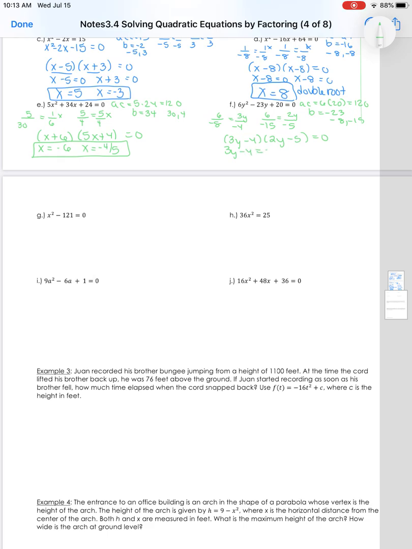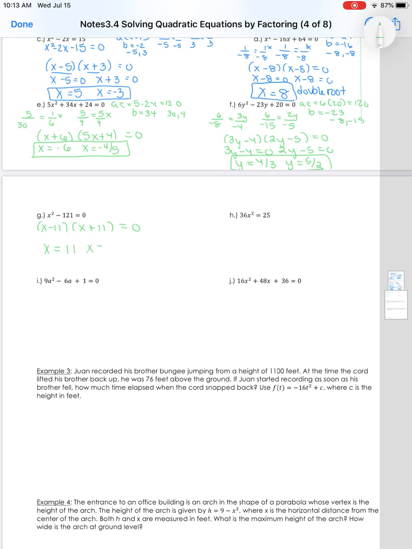When we reduce by 3, we get 2 over negative 5. Top, it's now a y. So we get 3y minus 4 and 2y minus 5. Set it equal to 0, and we take each parentheses, set it equal, and we end up with a positive 4/3, and we end up with a positive 5/2 for your final answer for those.